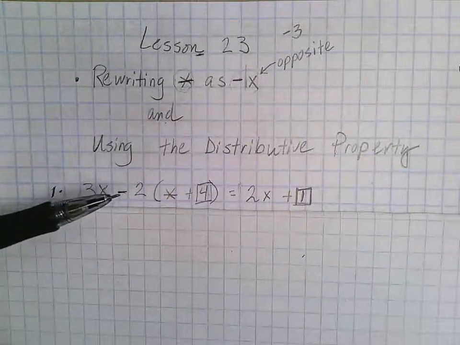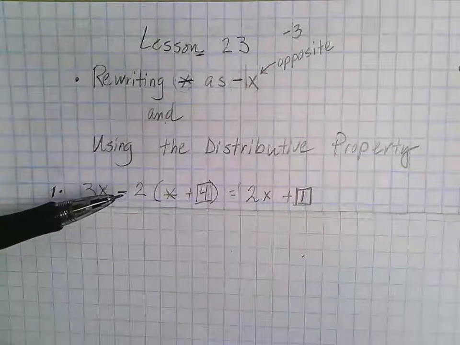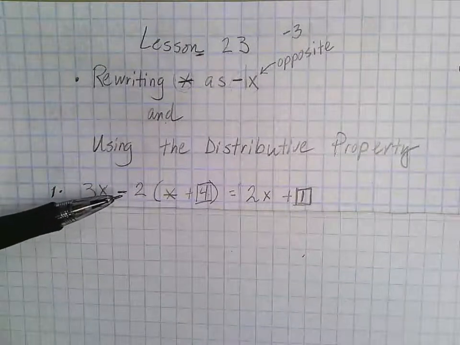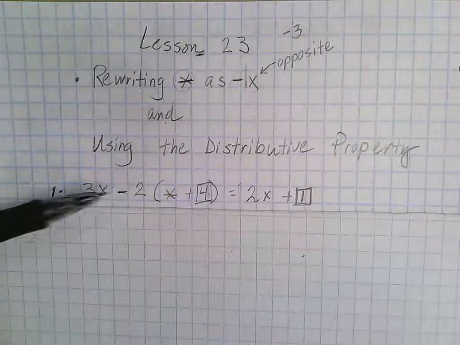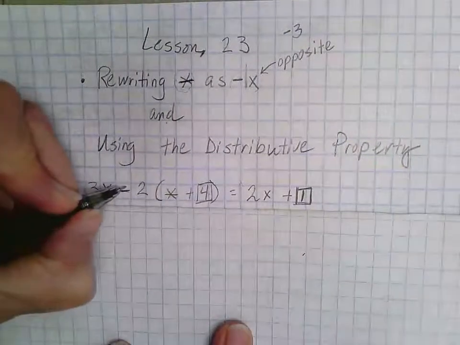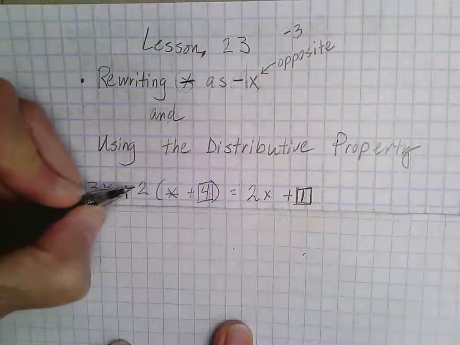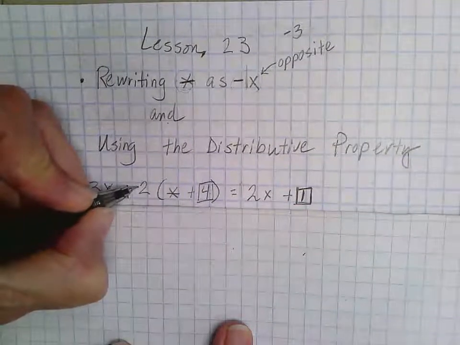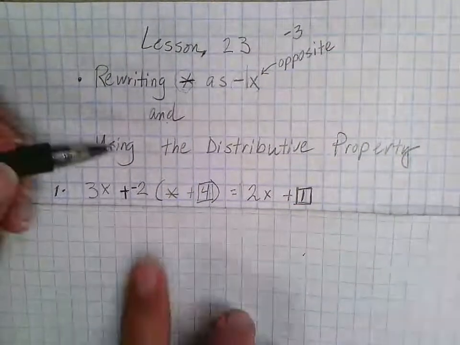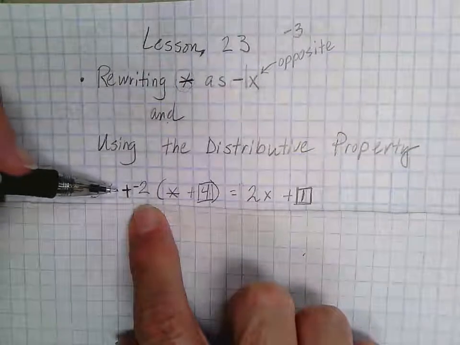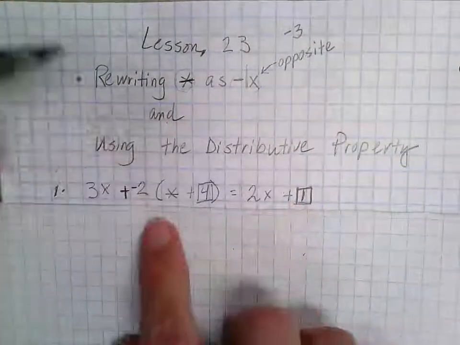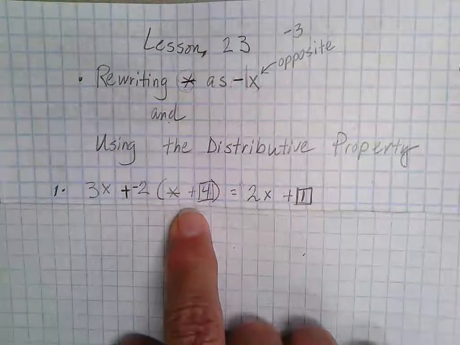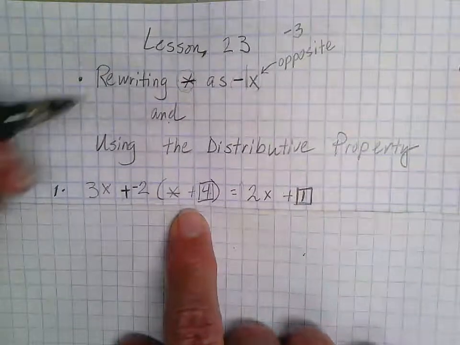You'll also notice we have a subtraction sign here, and it's always good in algebra to use the strategy of changing the subtraction to an addition and changing the sign on the next number to its opposite. Using addition in algebra is much less complicated than subtracting.